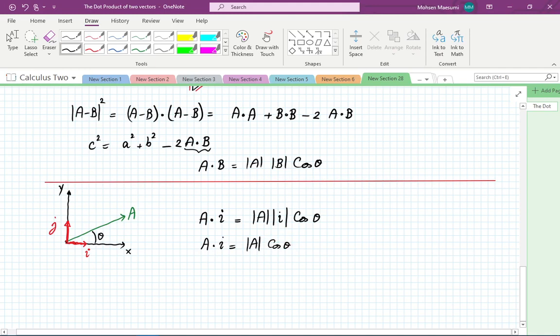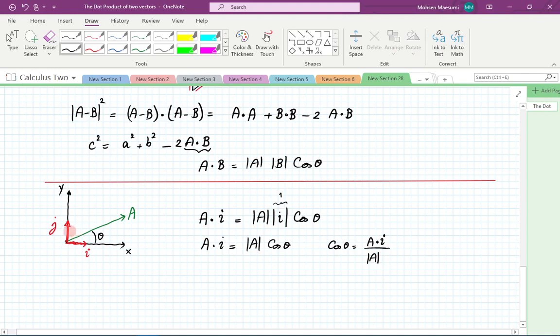So if you want the cosine itself, you can say a dot i, and the denominator is just a. If you're wondering what happened to the other one, the length of i is 1. It's really down here, but you don't need to write it.